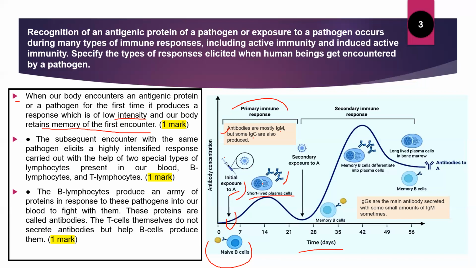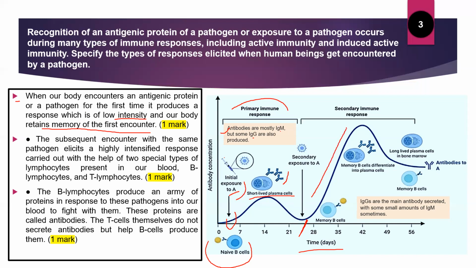So when there is a subsequent exposure, suppose say on the 25th or 26th day, again the pathogen has attacked you, then this time the immune response is quite intensified.